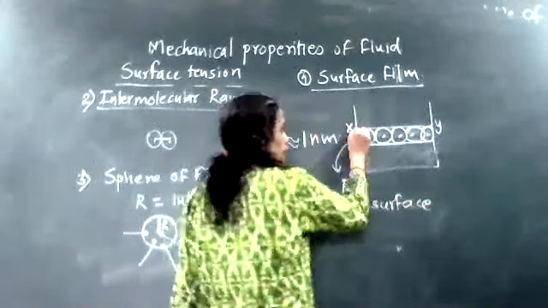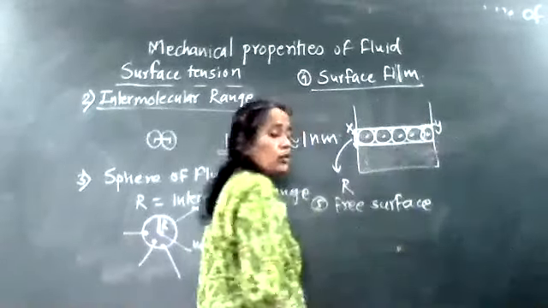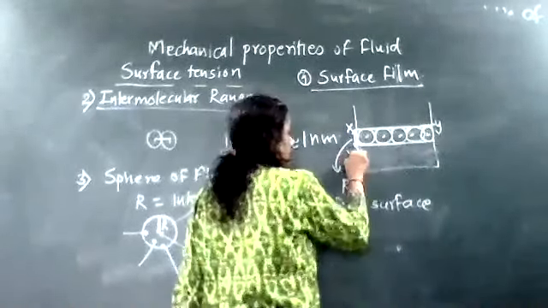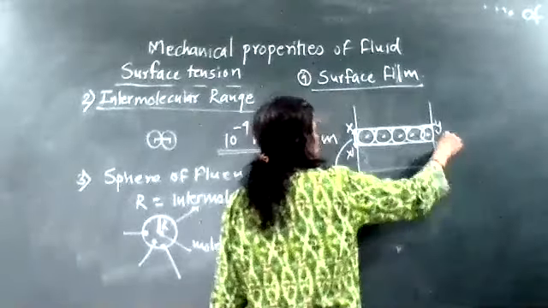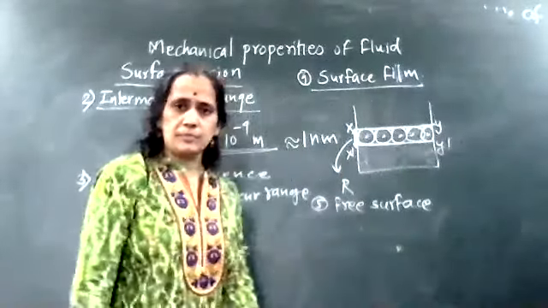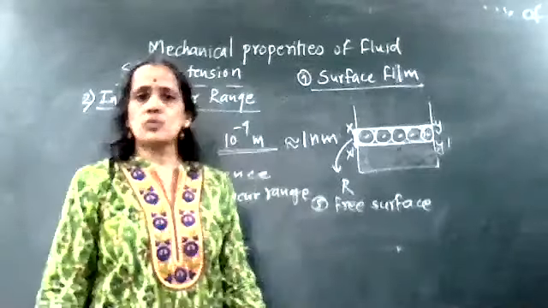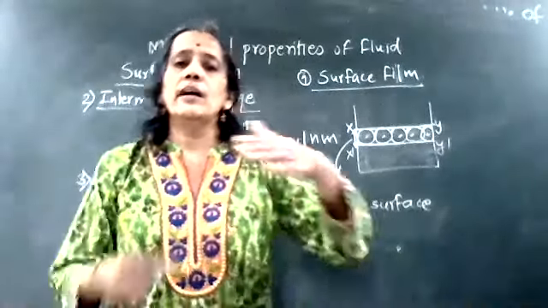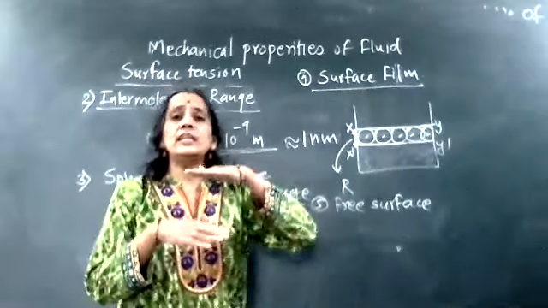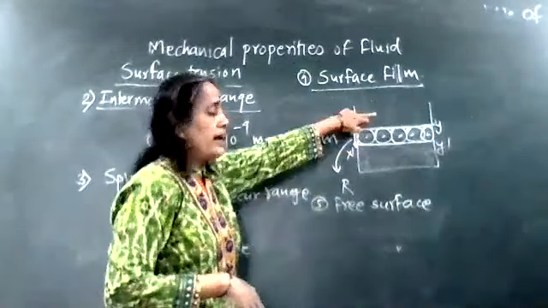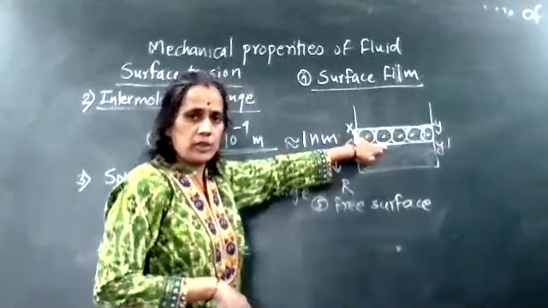Here, this XY I am going to call the free surface, and this X dash Y dash I am going to call the surface. So free surface means what? It is the interface between the air molecules and the water molecules.